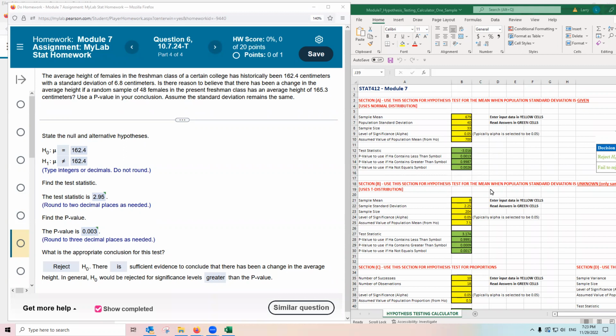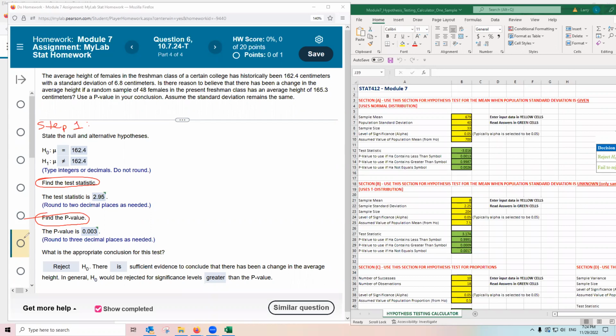So if you remember, when you're setting up a hypothesis test, the first step is to set up the null and alternative hypothesis. Then we're going to calculate what's called a test statistic. Test statistic is like a z-score based on the sample data. Then we're going to find the p-value. Once you find the p-value, it's a probability, an area under the curve.